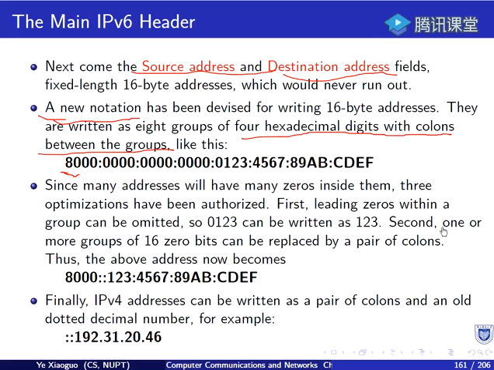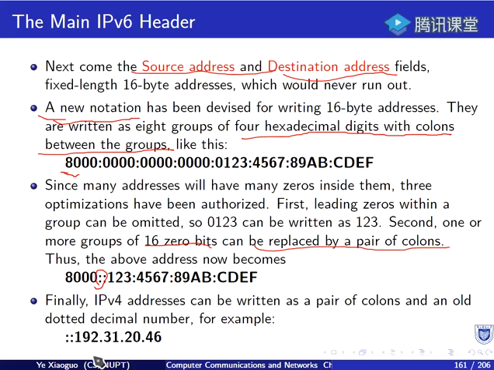Second, one or more groups of 16 zero bits can be replaced by a pair of colons.